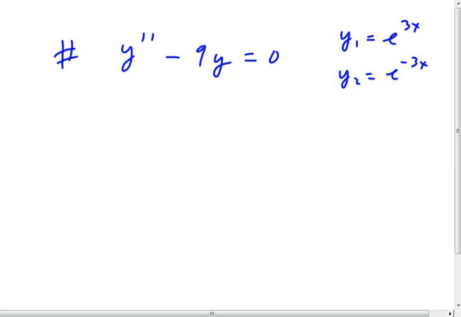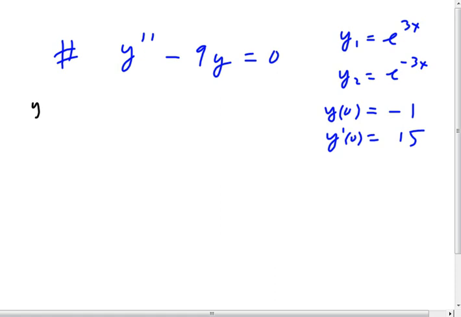Do you know what we're supposed to do yet? It's a homogeneous second order equation with two functions and initial conditions. First, verify that y1 and y2 are solutions. Okay, so that's what we're going to do.